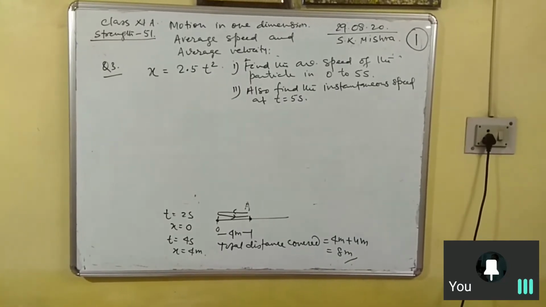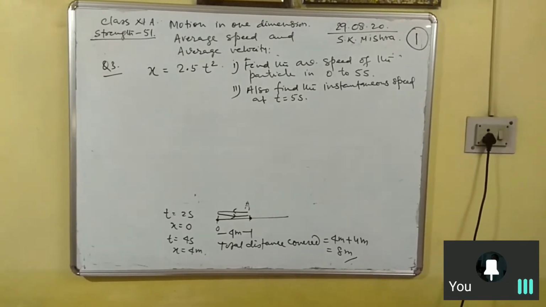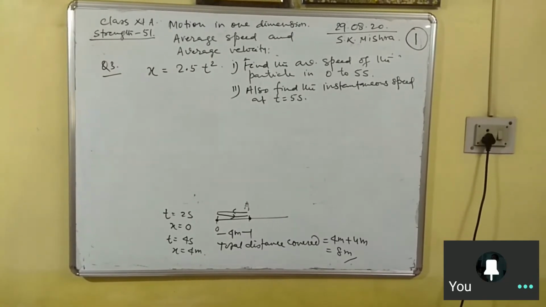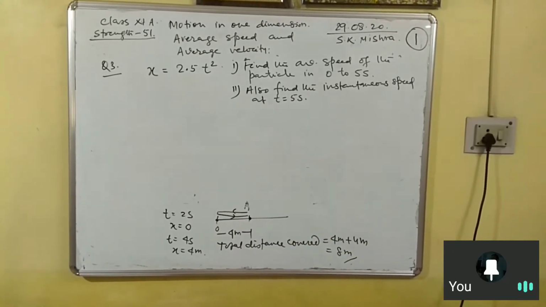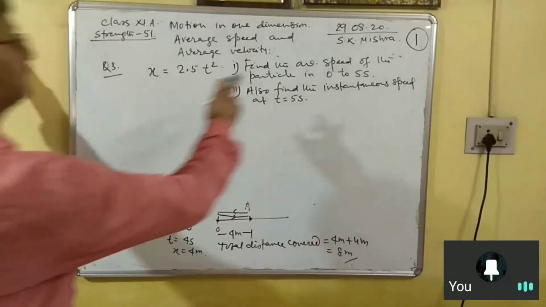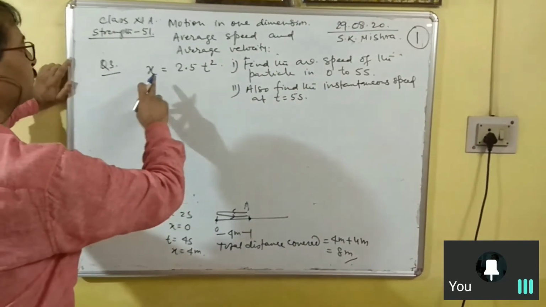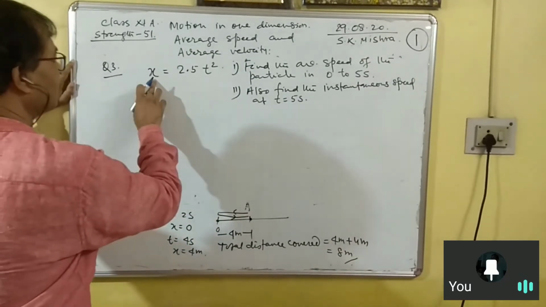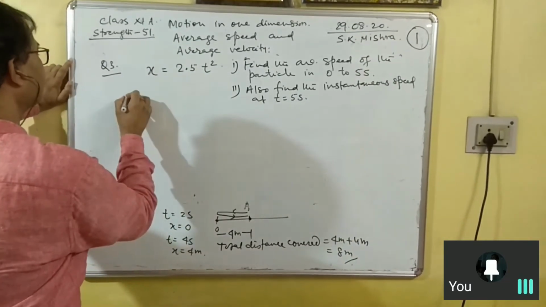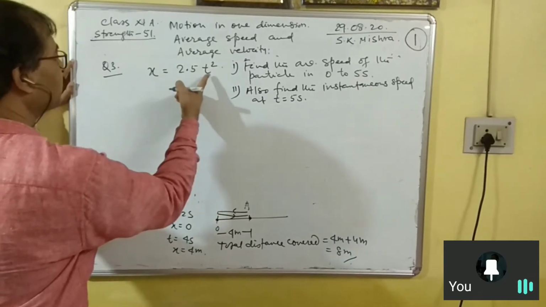I will solve it finally, but if you know, then you can say the answer. Very fine. So, to find the average speed in 0 to 5 seconds, you just find the distance covered. So, distance traveled x in 0 to 5 seconds: just put t is equal to 5.